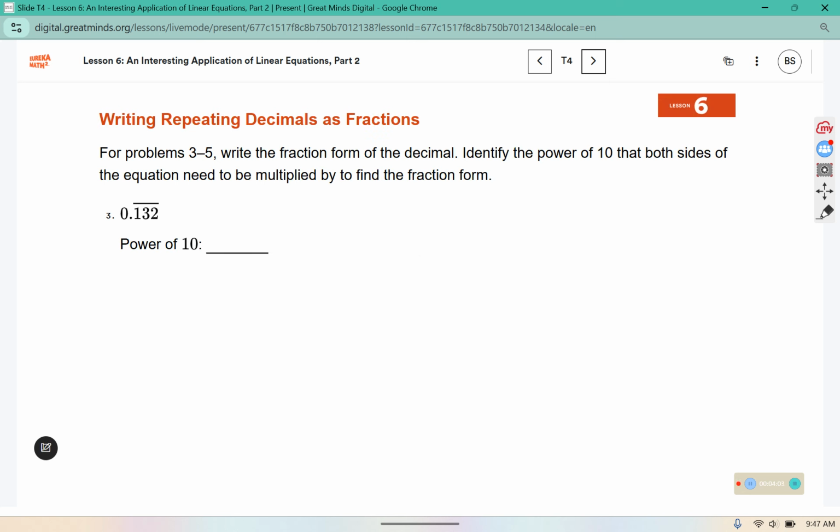For problems 3 through 5, write the fraction form of the decimal. Identify the power of 10 that both sides of the equation need to be multiplied by to find the fraction form. Here this has 3 pieces that are going to repeat, so we need to multiply by 1,000 with 3 zeros.